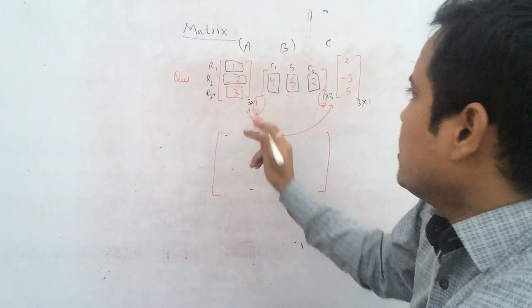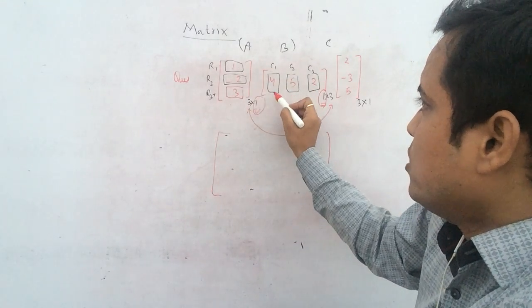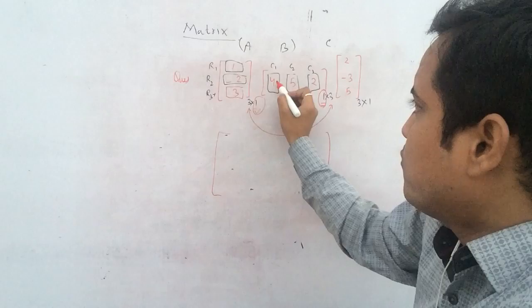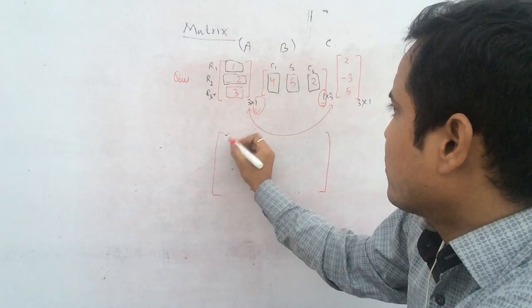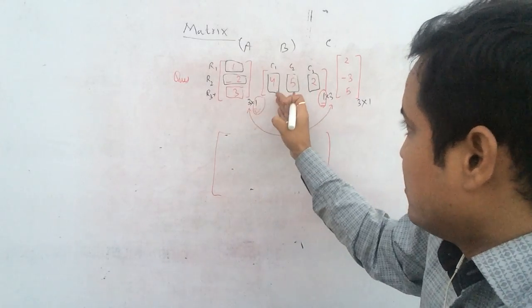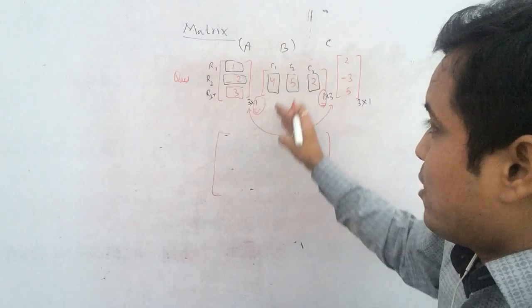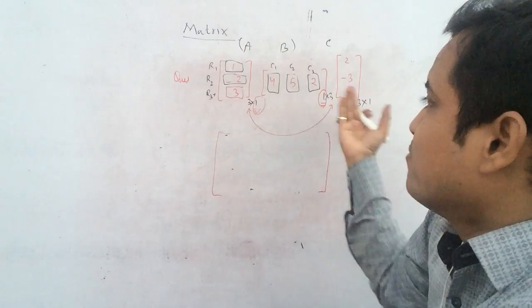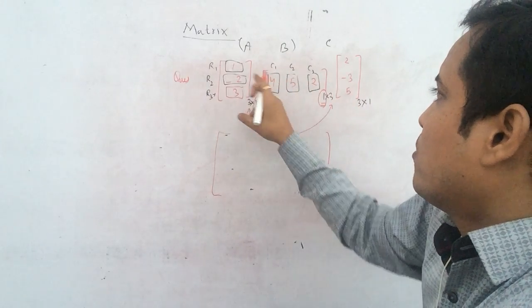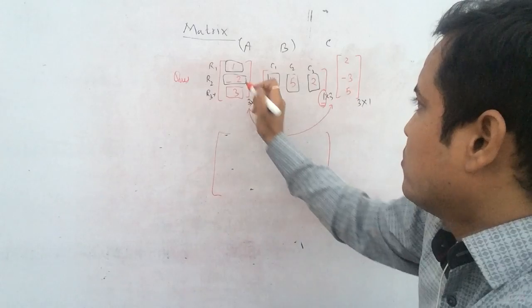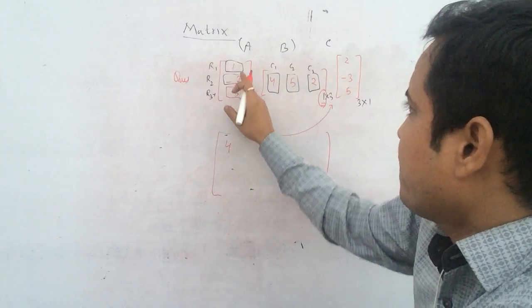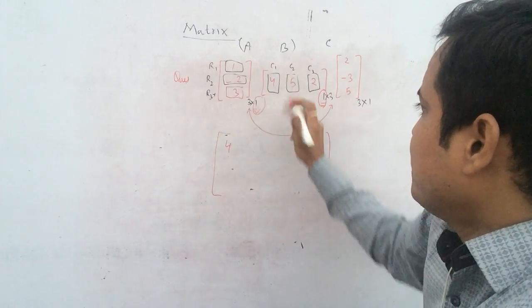Now row 1 will multiply with C1. So 1 4s are 4, since in the column there is no other element, so you are bound to multiply only with 4. 1 5s are 5.